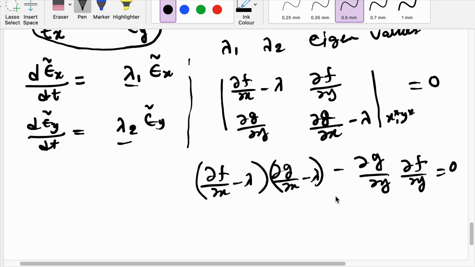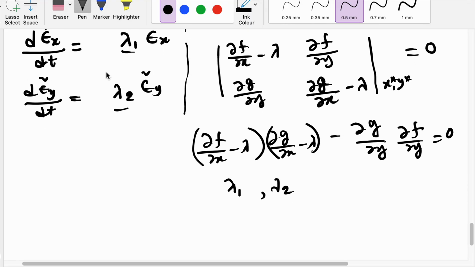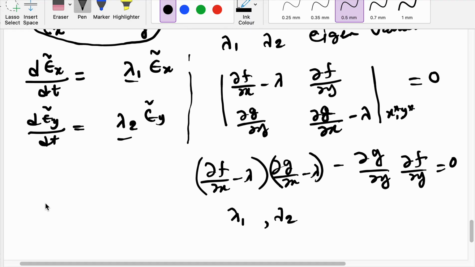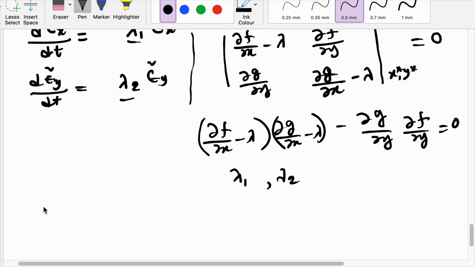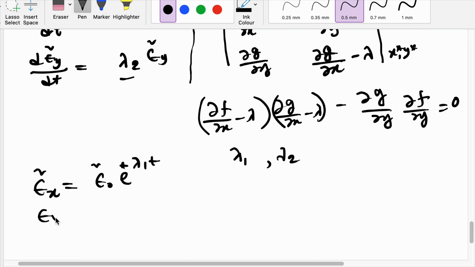If I solve this equation, I will get two values of lambda, lambda 1 and lambda 2. Now if both lambda 1 and lambda 2 are less than 0, then the solution is epsilon x tilde equals epsilon x 0 tilde e to the power lambda 1 t, and epsilon y tilde equals epsilon y 0 tilde e to the power lambda 2 t.